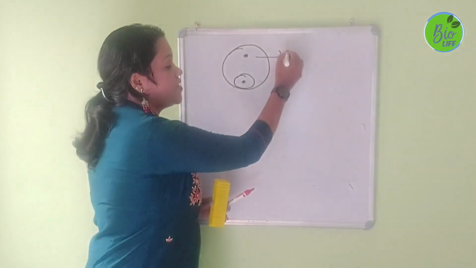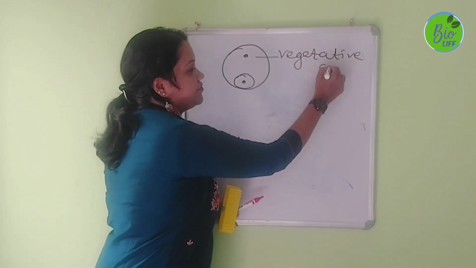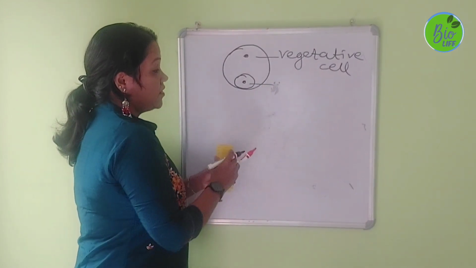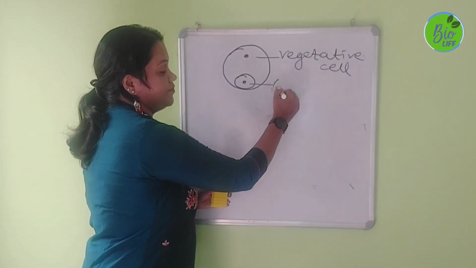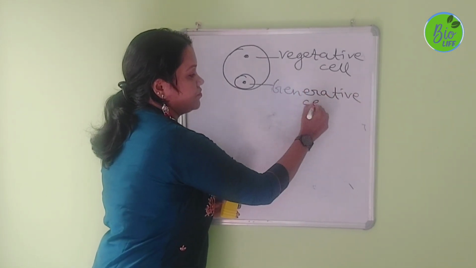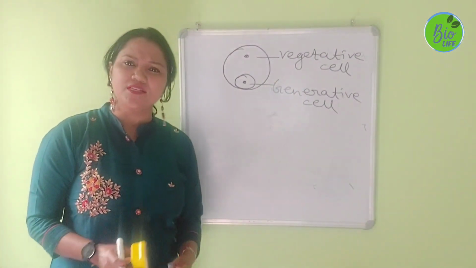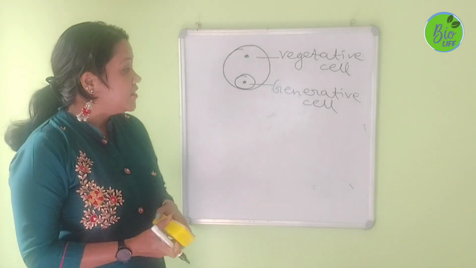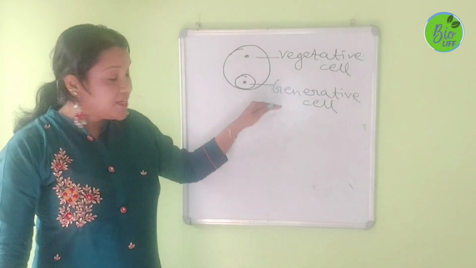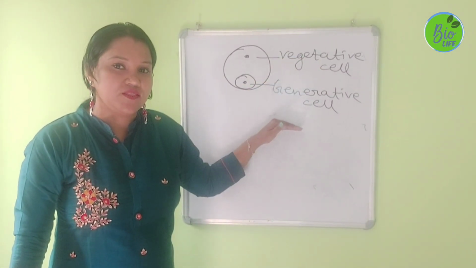The larger one is called the vegetative cell, which has abundant food reserve, and the smaller one is called the generative cell. The generative cell floats in the cytoplasm of the vegetative cell.